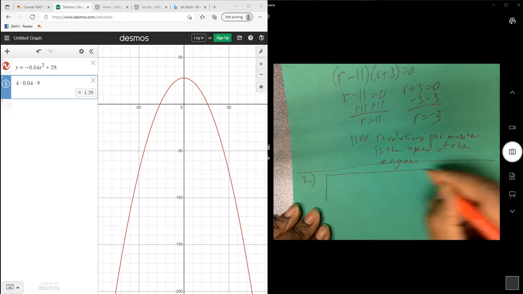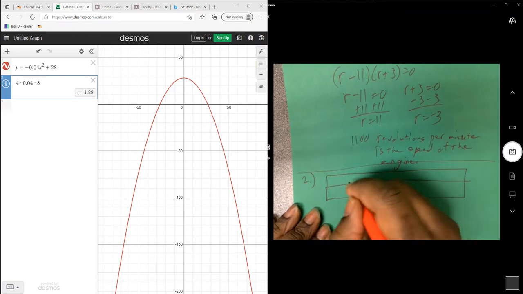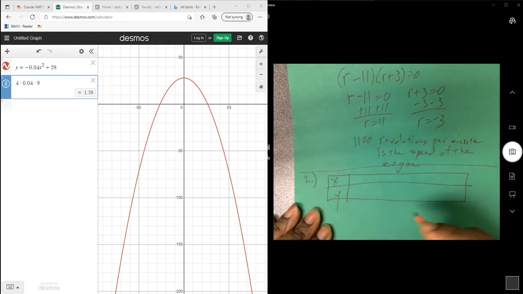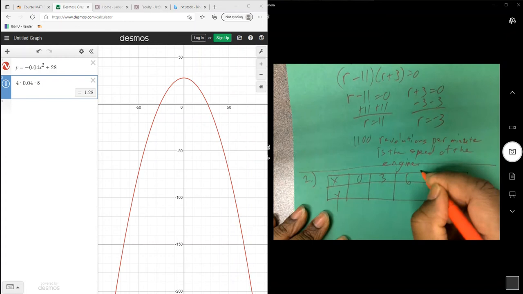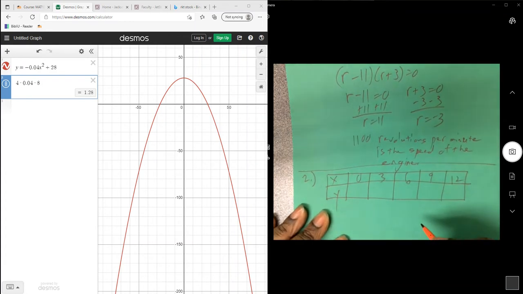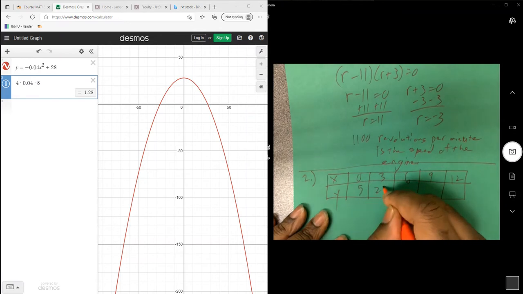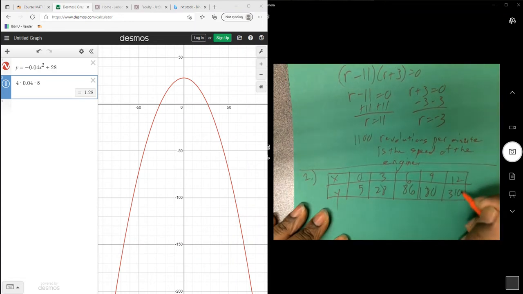So we have a table. In this table, we have an x value and a y value. So we have 0, 3, 6, 9, and also 12. So we have 5, 28, 86, 180, and 310.